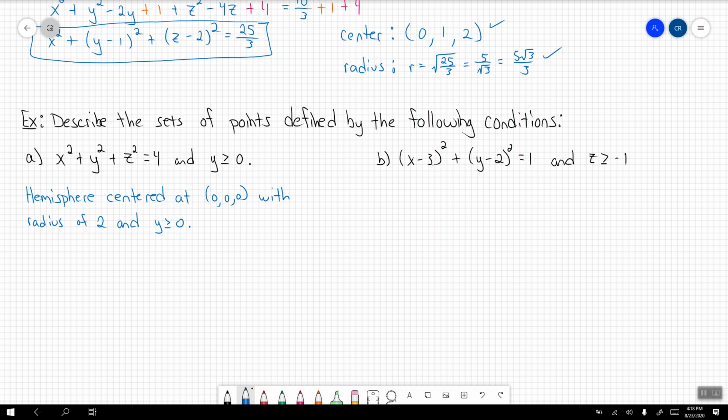For the second part, part B, remember we said it was a right circular cylinder. So I'm going to go ahead and write that here.